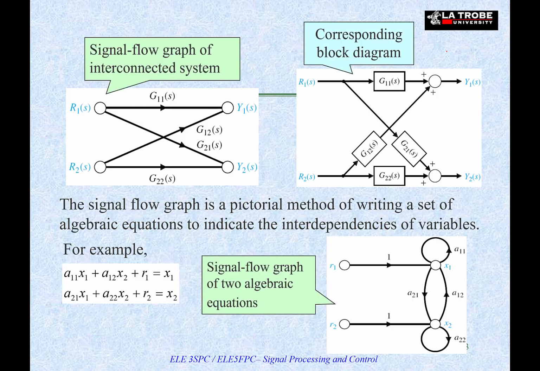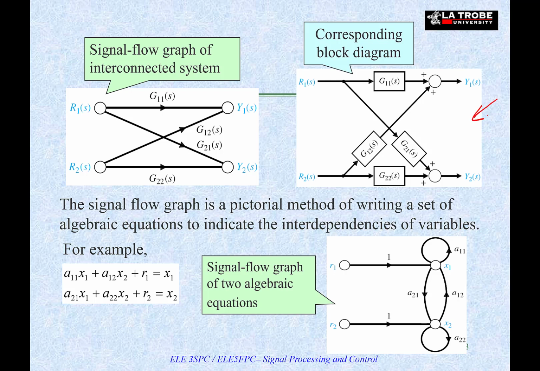On this slide, I'm trying to give you a comparison between signal flow graphs and block diagrams. Signal flow graphs and block diagrams, they represent the same information contained in the system. The only difference between them is the way the information is represented.